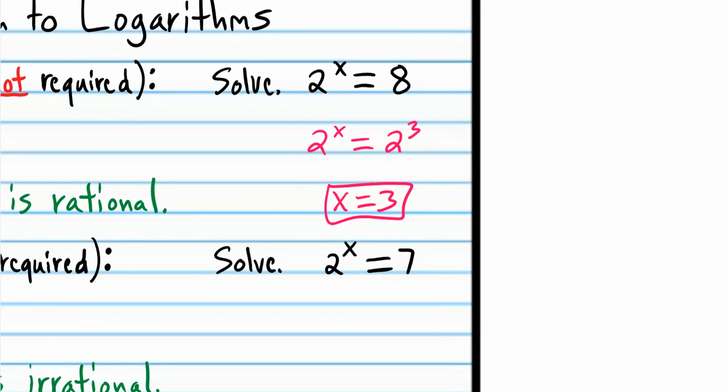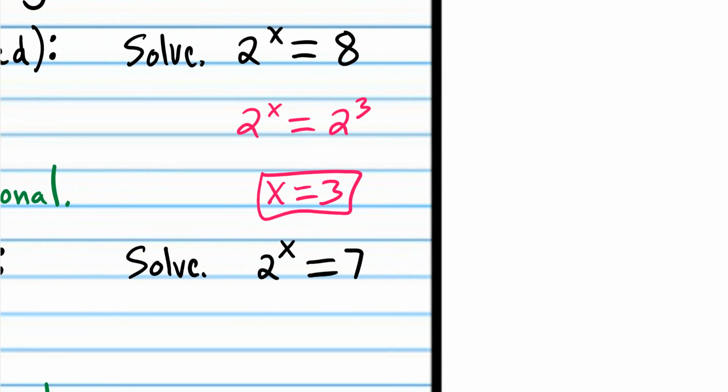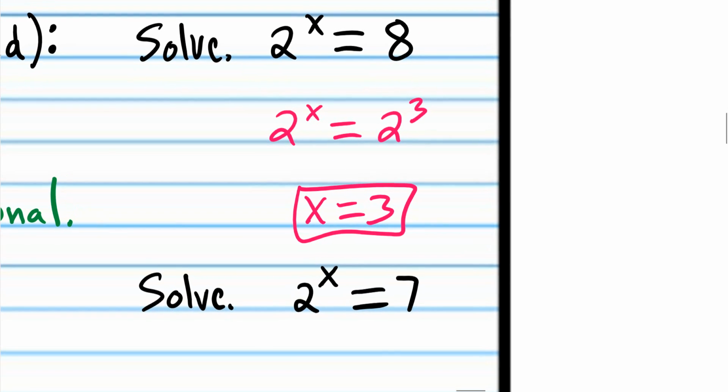But what if I change this 8, this blue 8, to a 7? Then if we try to calculate that number, you're going to find it's not very easy. And some students might say, well, that number doesn't exist. There is no number you can raise this to get 7.